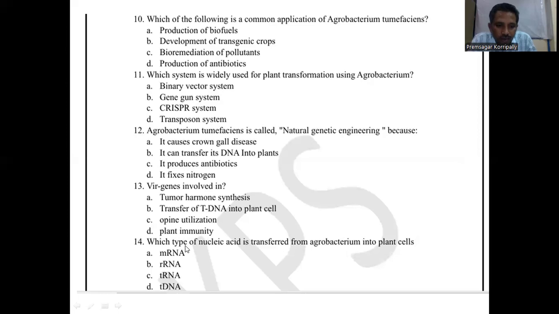Fourteenth, which type of nucleic acid is transferred from Agrobacterium into plant cells? mRNA, rRNA, tRNA, or tDNA. The answer is D, that's tDNA. tDNA is a part of the Ti plasmid and that is transferred from Agrobacterium to the plant cell.